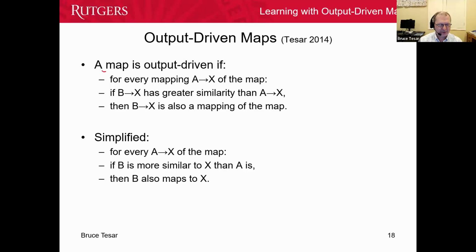A map from inputs to outputs is output-driven if, for every mapping from input A to output X, if there's some other input B, let's say, that has greater similarity than A to X, that means B is in the right way more similar to X than A is, then B must also go to X in the map.